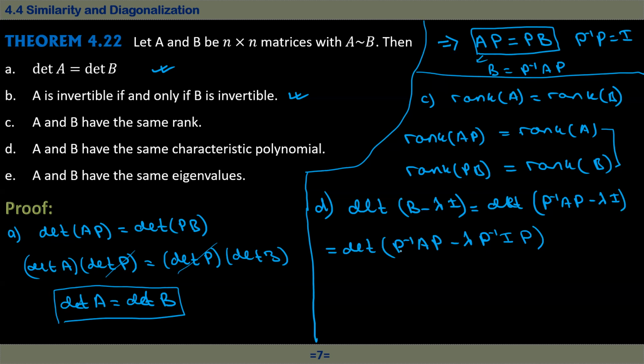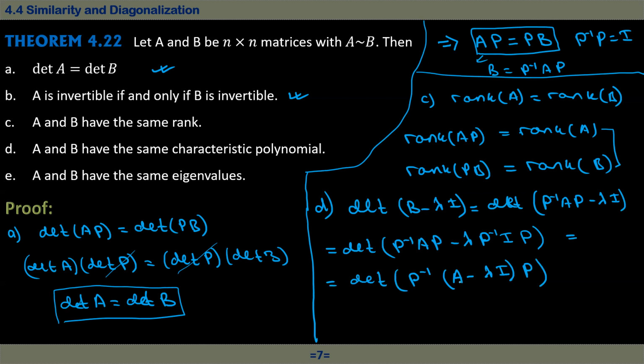Here we have P inverse, here we have P. So I can write it as the determinant of P inverse, and here we have A minus lambda I, and here we have P, right? If you just remove the brackets, we'll get the same thing.